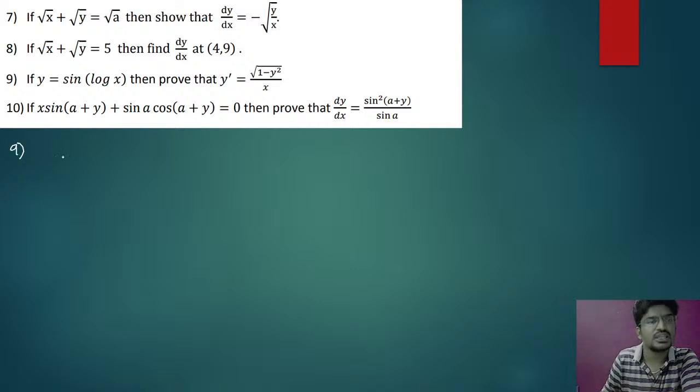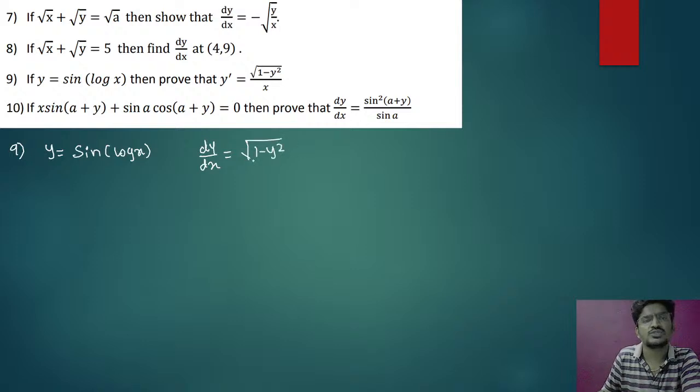You see it, the 9th problem is y equal to sine of log x. Then prove that dy by dx will be equal to root of 1 minus y square divided by x.